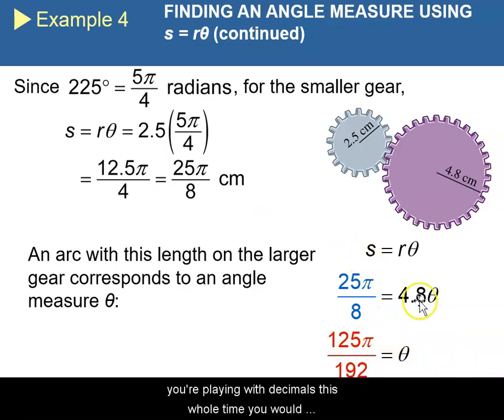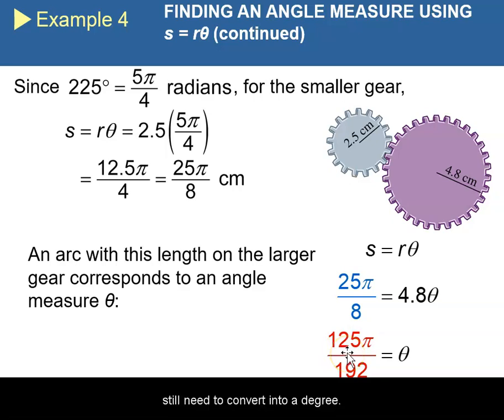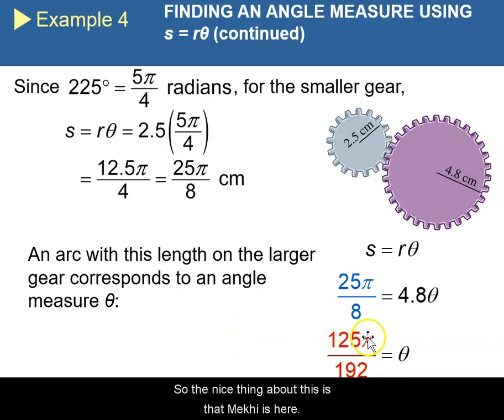Again, if you're playing with decimals this whole time, you would then have some crazy long decimal here that you would still need to convert into a degree measure. So the nice thing about this is that my pi is here. When I convert this into degrees, I just have to multiply it by 180 over pi so that the pi's cancel, and I can just do algebra on the numbers rather than trying to figure out what's going on with these decimals, and do I need to divide pi out because it's in a decimal form.